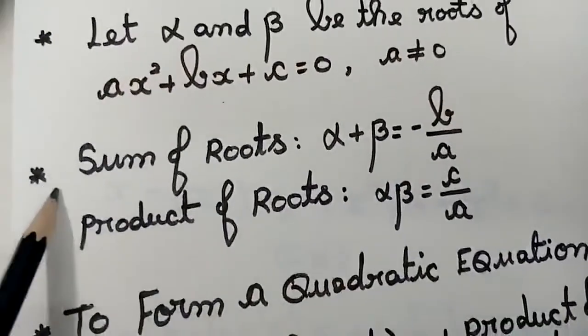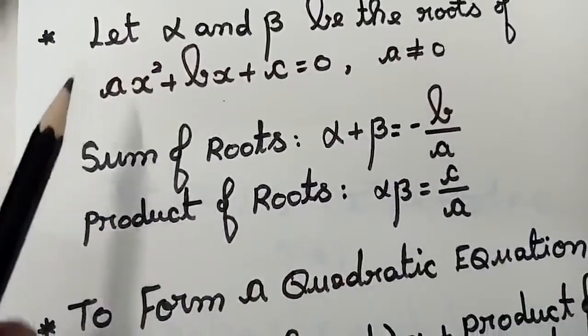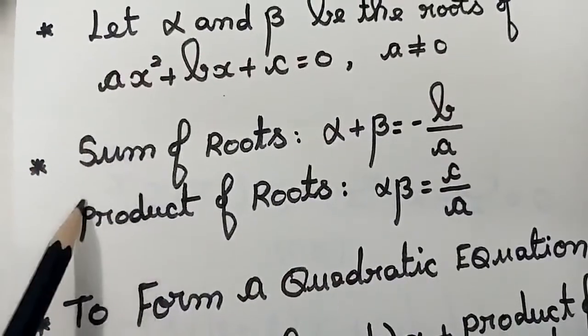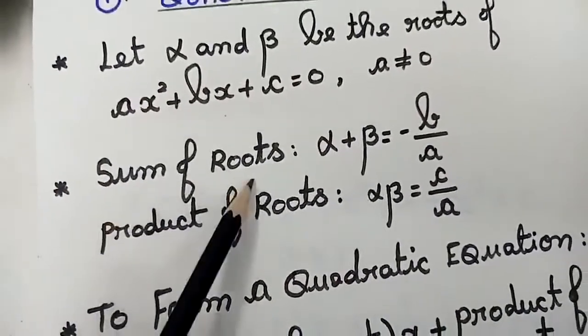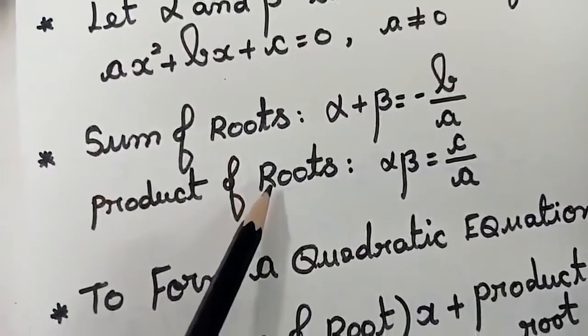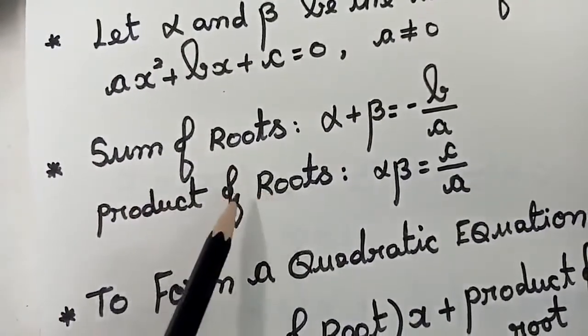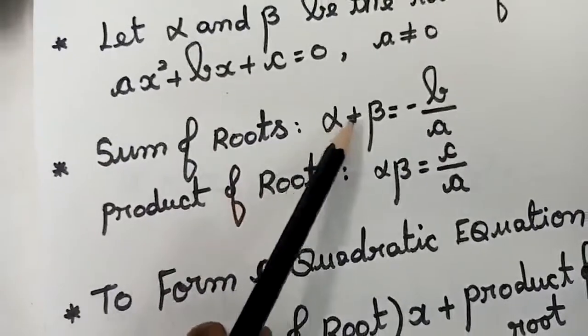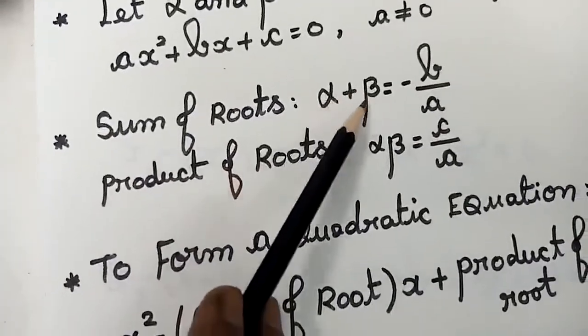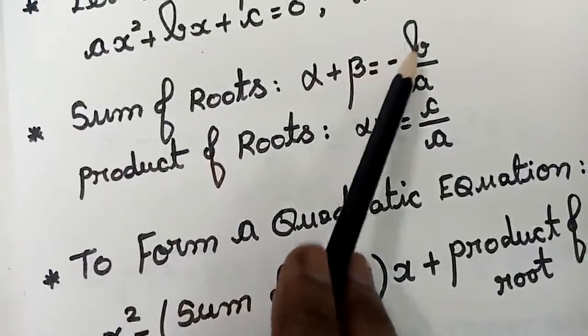The next one: since I am having two roots, I am going to have only two concepts, that is sum of roots and product of roots. What is the meaning of sum of roots and product of roots? I am going to get two answers. If I add those two answers, alpha plus beta must be equal to minus b by a.